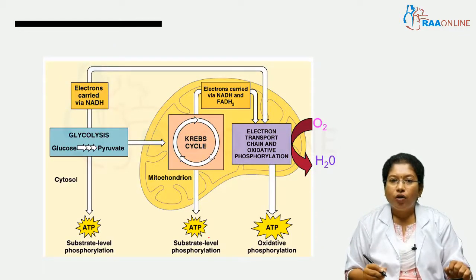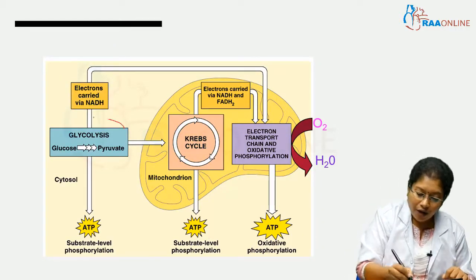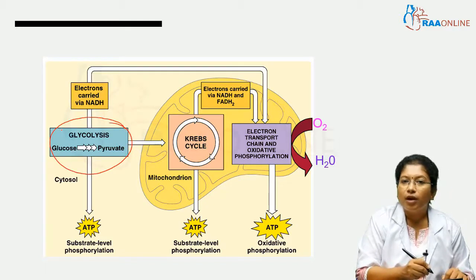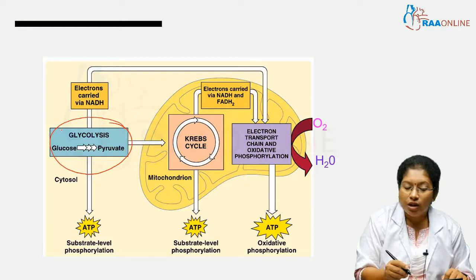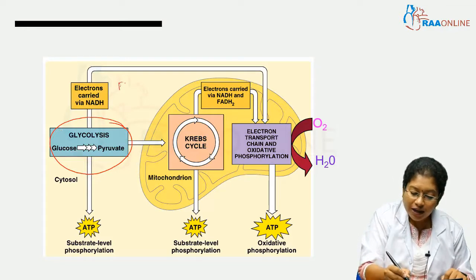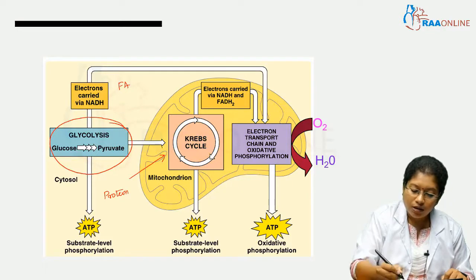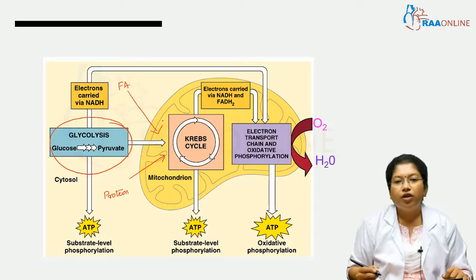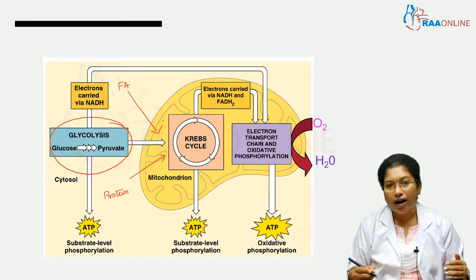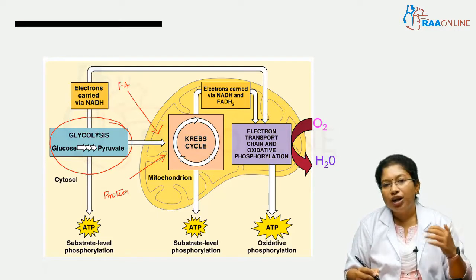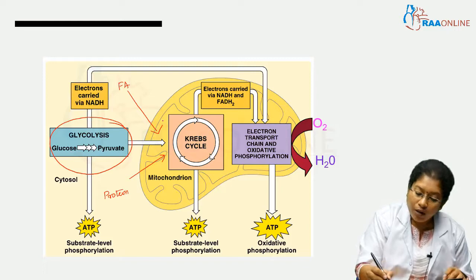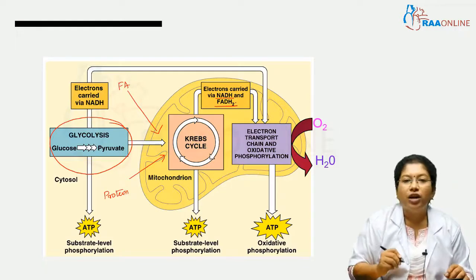So, you can see here from glycolysis, glucose is one of the major biomolecule. The second one is fatty acid and third one is protein. All this enter the common oxidative pathway TCA cycle, where the electrons are generated with the help of NADH and FADH2.